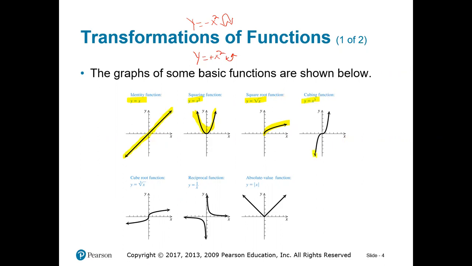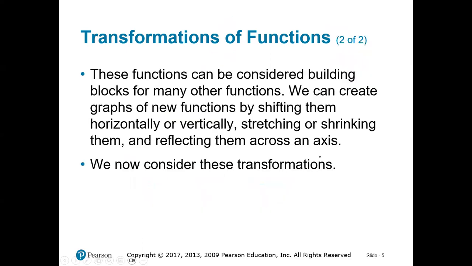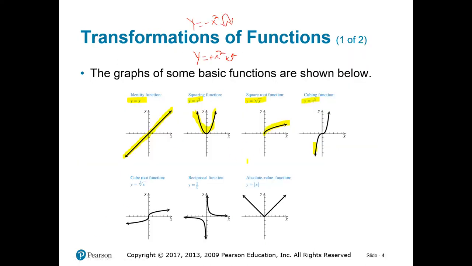Everything I plug in for x, I cube it, and it gives me some y value. We get this right here. I would create XY tables and plug in points so you can see how it works. If you have y equals the cube root of x, we get this type of function.